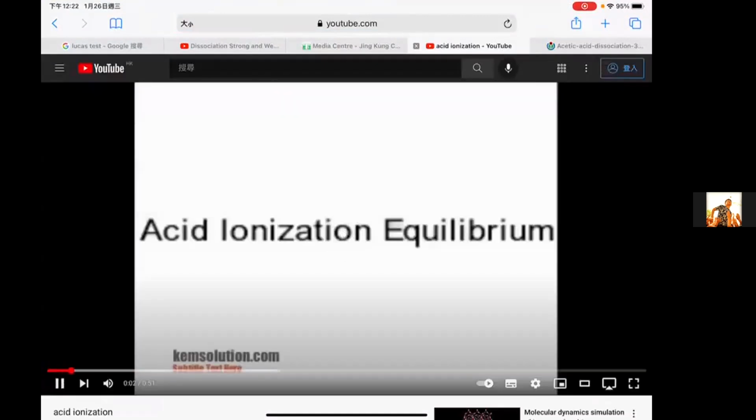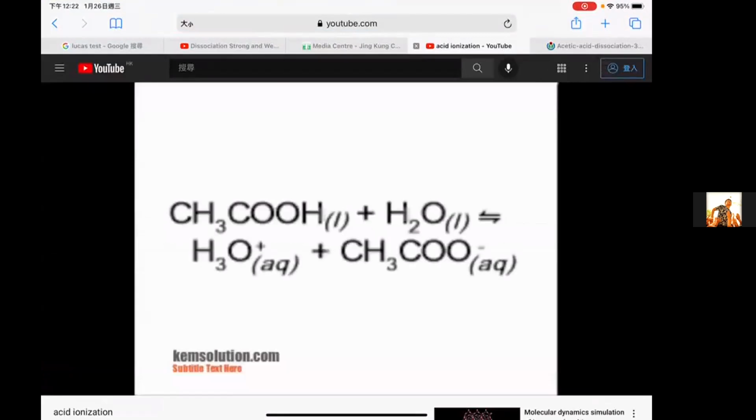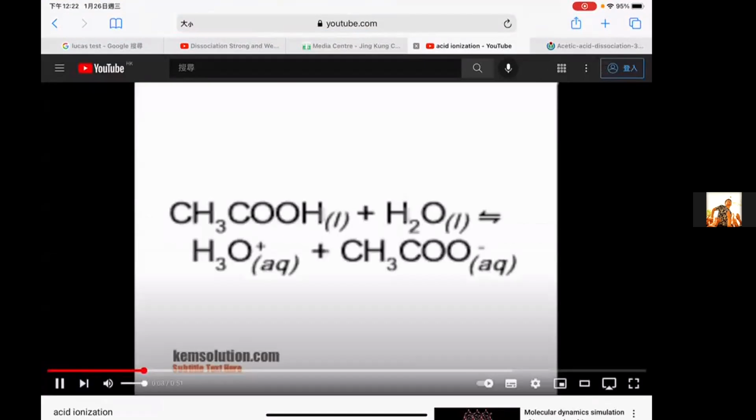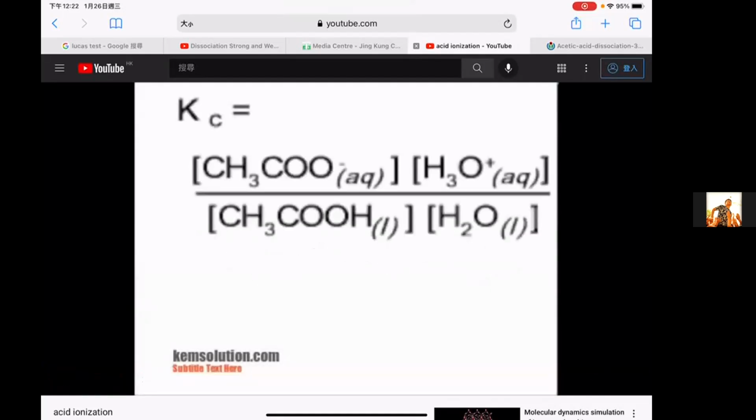Acid ionization in water is an equilibrium reaction. Acetic acid ionizes in water to a small degree, forming hydronium and acetate ions.